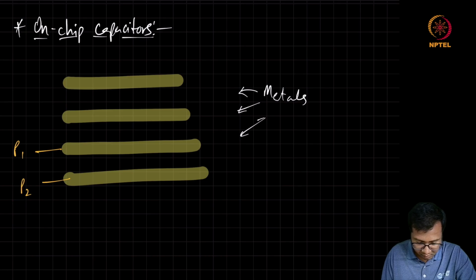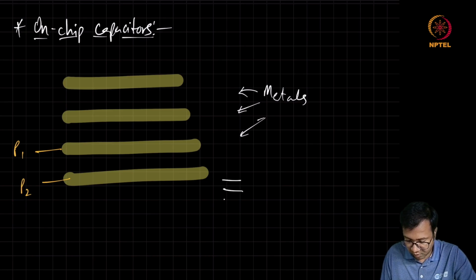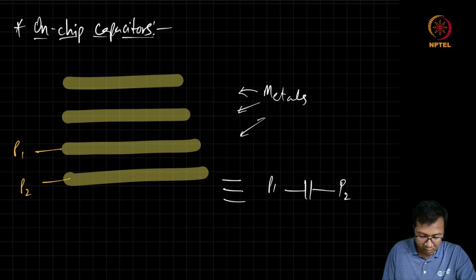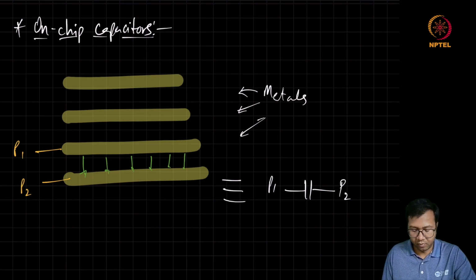So this is a simple parallel plate capacitor. We can see this electric field between these two parallel plates, which will store the energy.